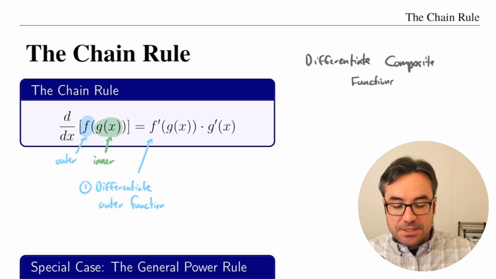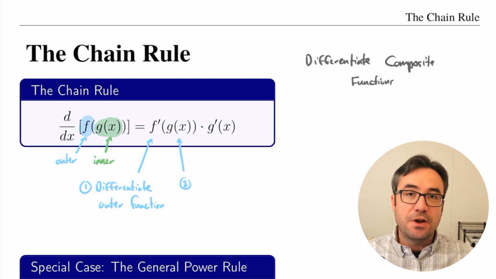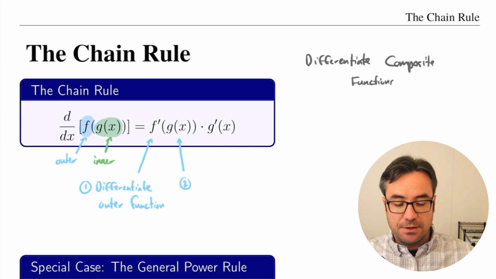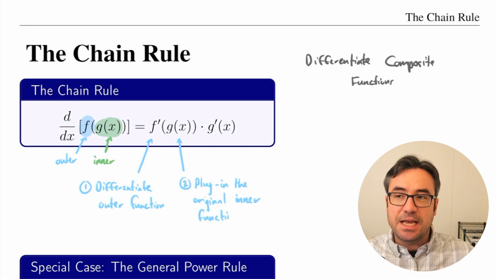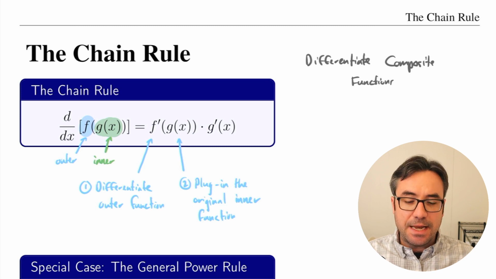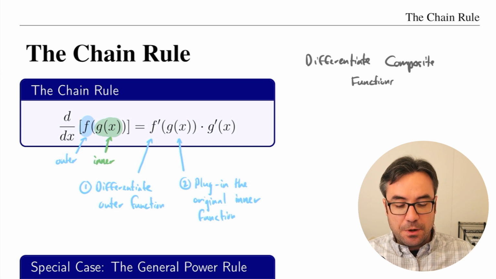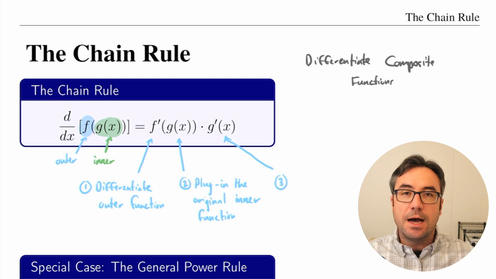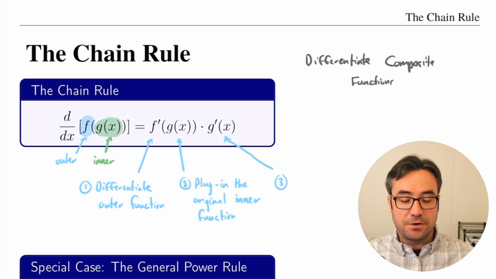The second step is to plug into that derivative just the original inner function, so we keep the inner function exactly the same. And the last step is to multiply by the derivative of the inner function.